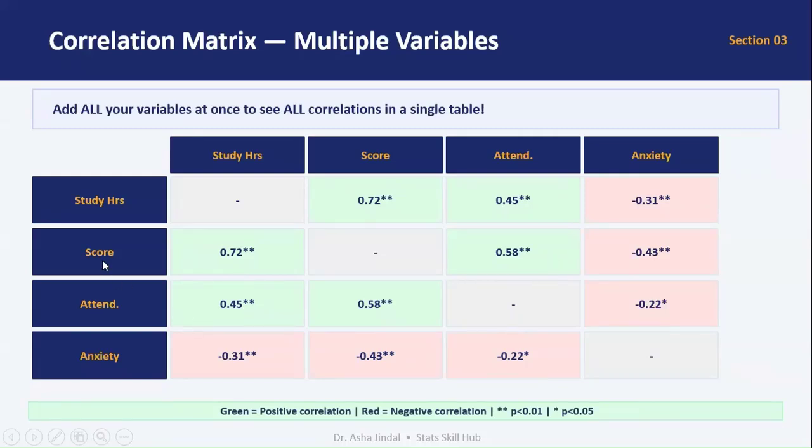Here, study hours and scores show a strong positive correlation. Anxiety shows a negative correlation with the score. This allows quickly understanding the complex relationships among the variables.